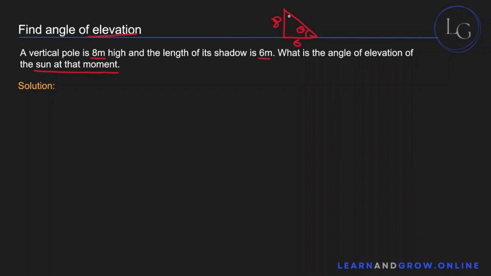Because again, the elevation of the sun, wherever it is, is at this angle, which makes this the shadow of this pole at 6 meters, right? Because if you extend this line, this hypotenuse, it eventually reaches the sun, and hence this is the angle of elevation from the ground.